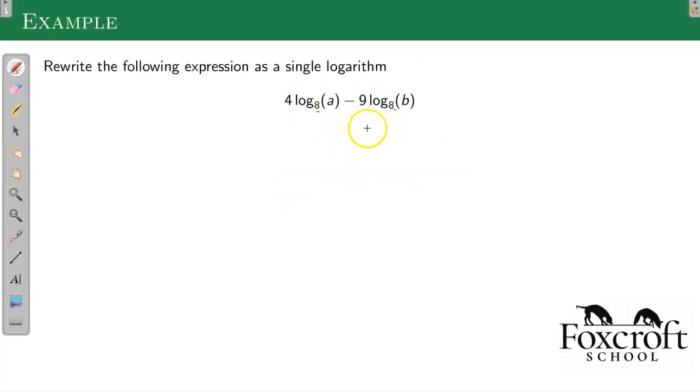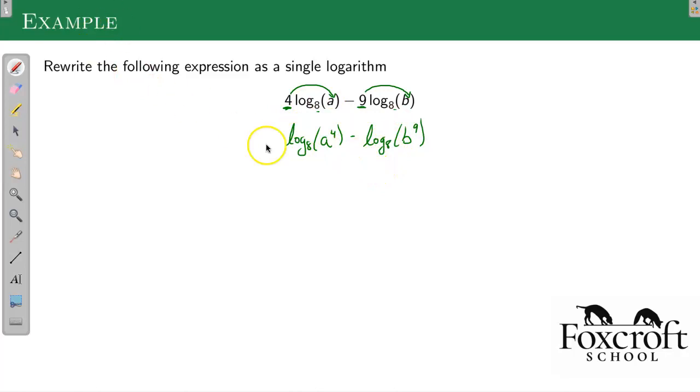If we go back to this example, this 4 is going to jump into the exponent there, and this 9 is going to jump into the exponent there. So I'm going to rewrite this as log base 8 of a to the 4th minus log base 8 of b to the 9th. Those numbers can just jump into the exponents.